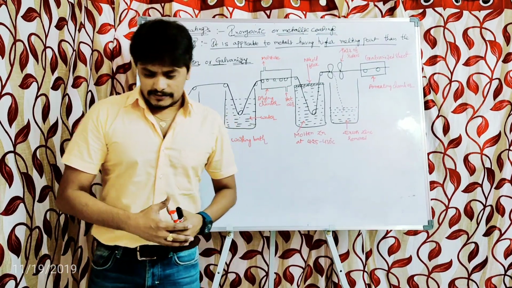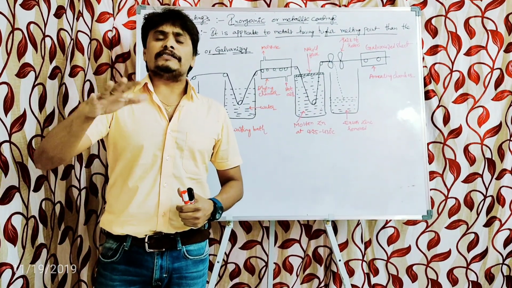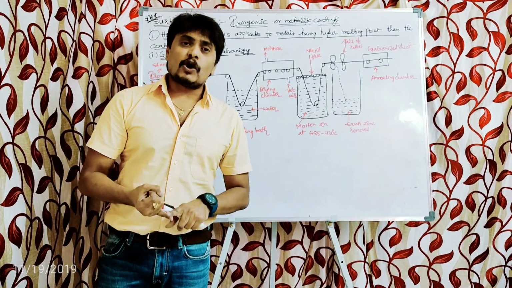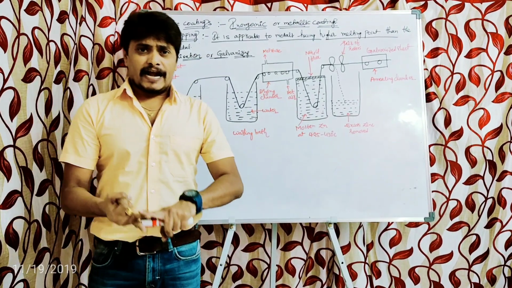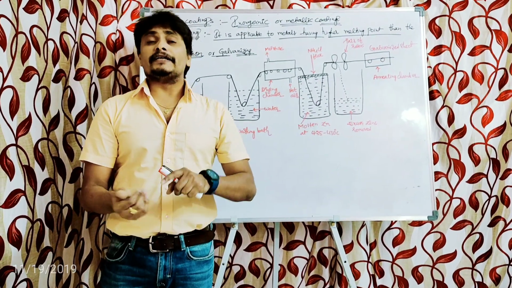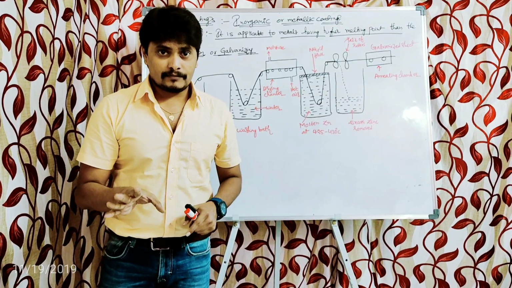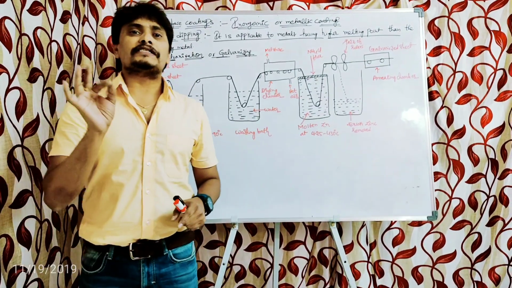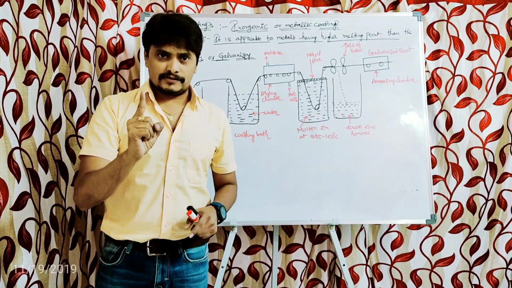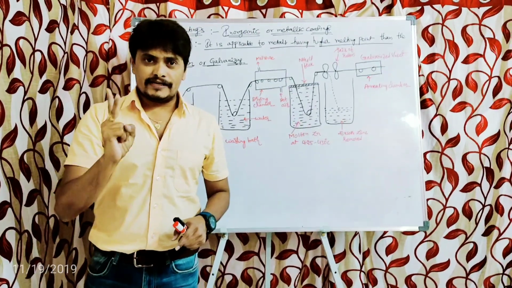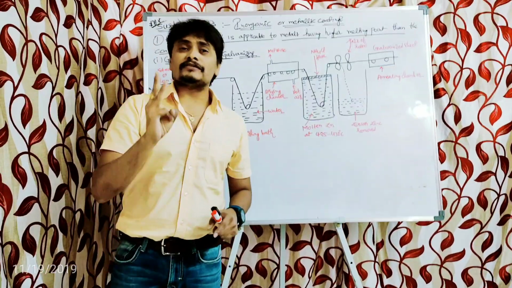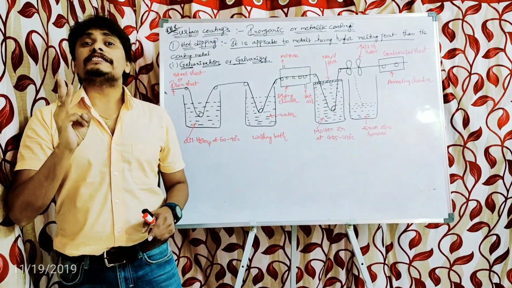Inorganic or metallic coatings can be done on the surface of the base metal using the following methods: the first is hot dipping, second is metal cladding, third is electroplating, fourth is electroless plating, and another one is cementation. But among these five, I am going to discuss only three: hot dipping, metal cladding, and the third one, friends, electroless plating.